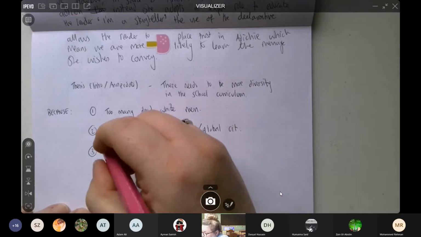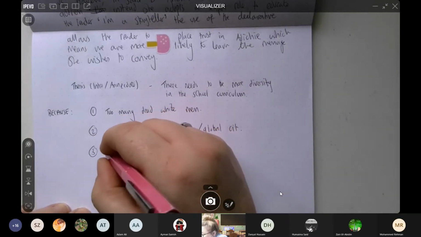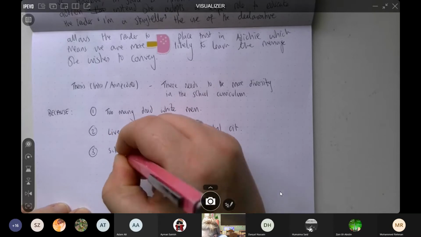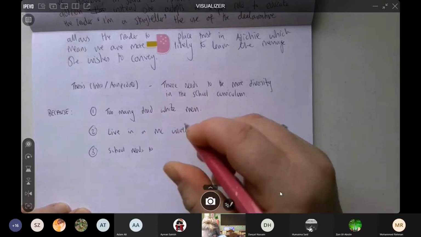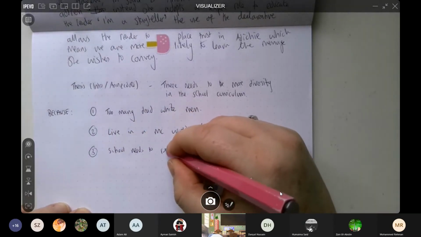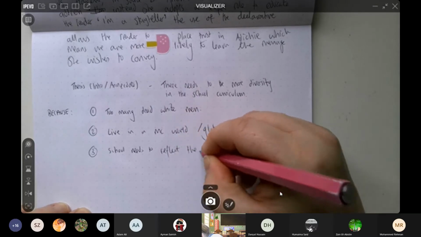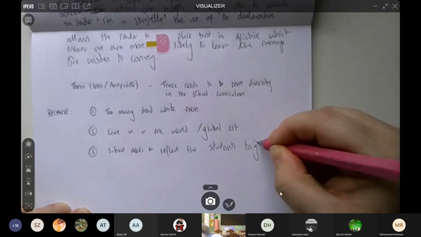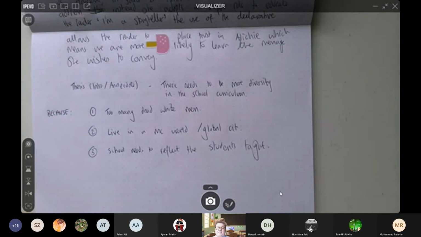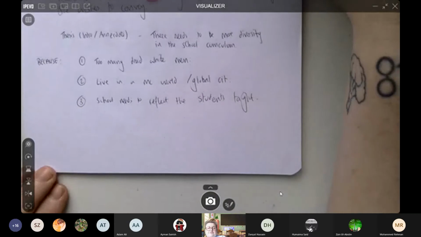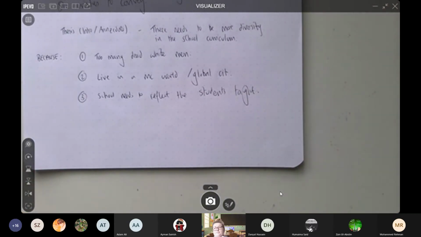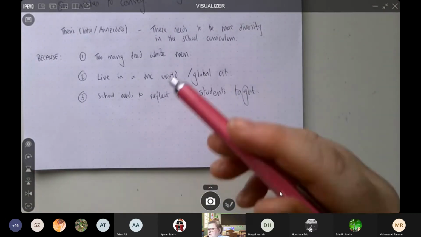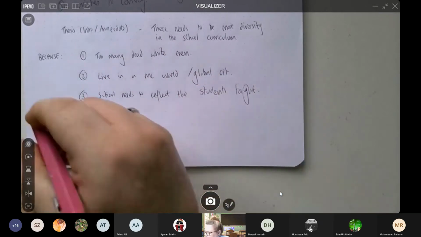And I might also say that school needs to reflect the students taught. If we think about those 2 texts that we've read today by those 2 writers, each of them wrote about how it's really important that we understand different societies and different cultures so that we don't end up believing a single story. So those would be my 3 because reasons.